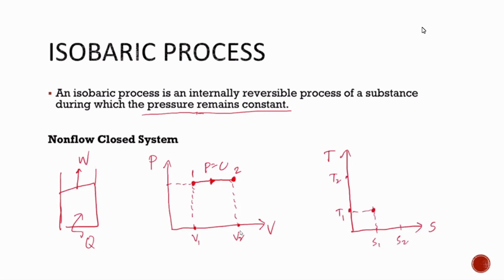Ayan, so we have 2 and we have 1. So lagyan natin ng arrow to determine na siya ay from state 1 to state 2. Okay, this is an isobaric process where pressure is constant.